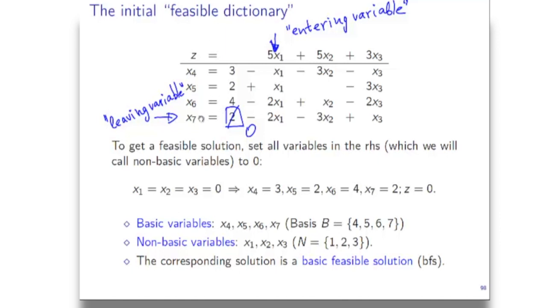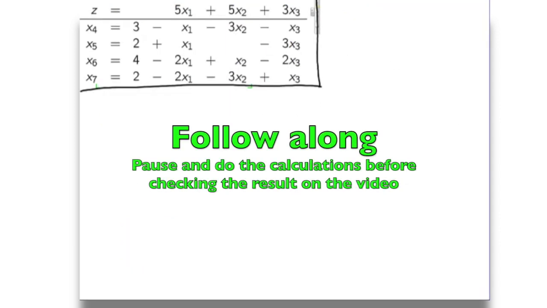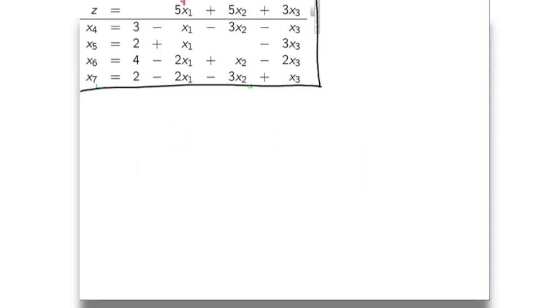All right, so now we need to update our dictionary, make sure that we still have the same rule where all the basic variables are kept on the left, and all the non-basic variables are kept on the right. So we decided that we select x1 as the entering variable.